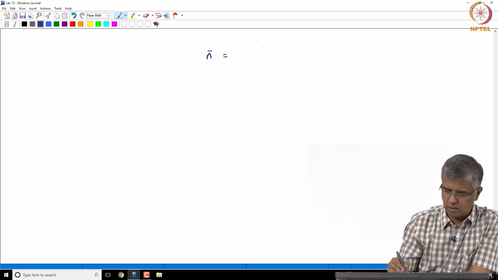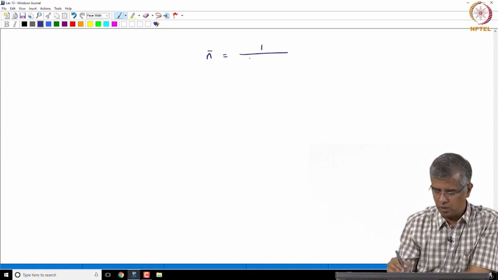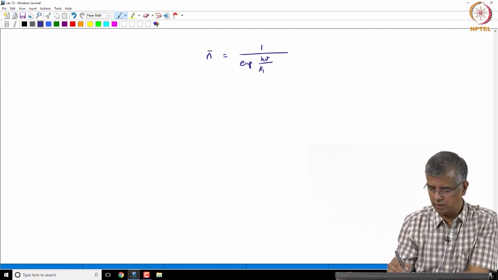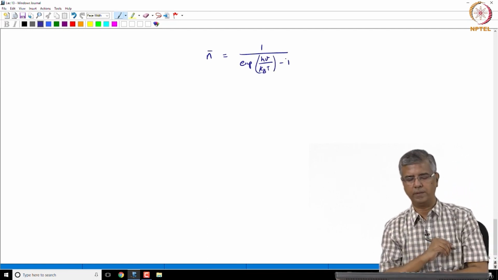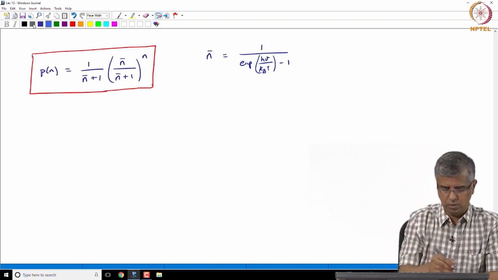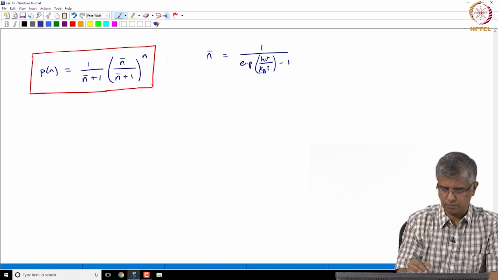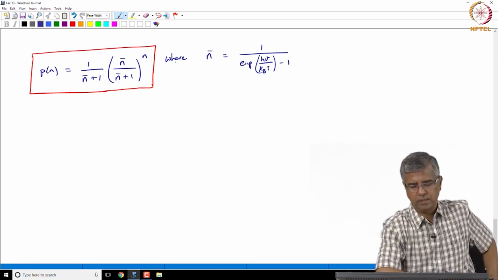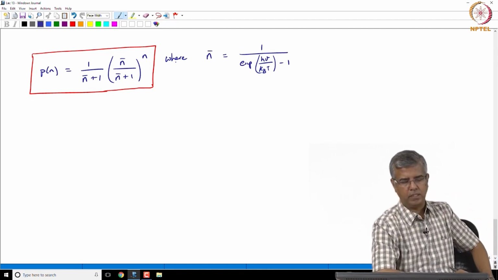So n bar is now going to be given by 1 over exponential of h nu over kBT minus 1, right. So in this, n bar is given by this expression.